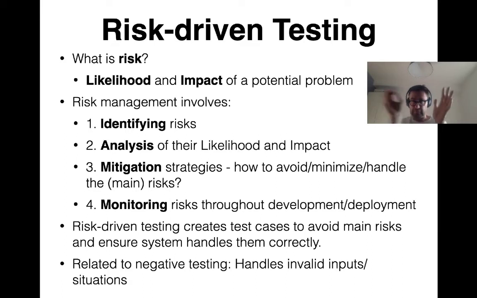So now the risk is a combination of a described potential problem, the likelihood, and the impact, and now this is one risk analysis, and then you go on and do this for many. Third step is mitigation strategies. What can we do to avoid this problem? How can we minimize this risk?